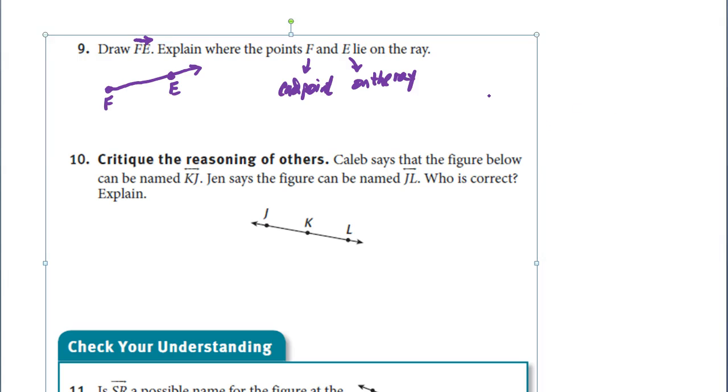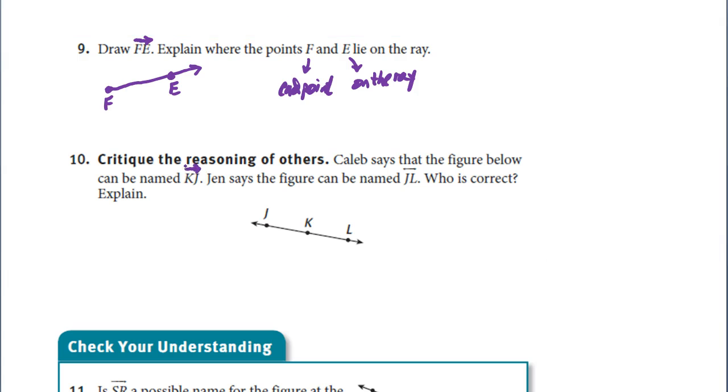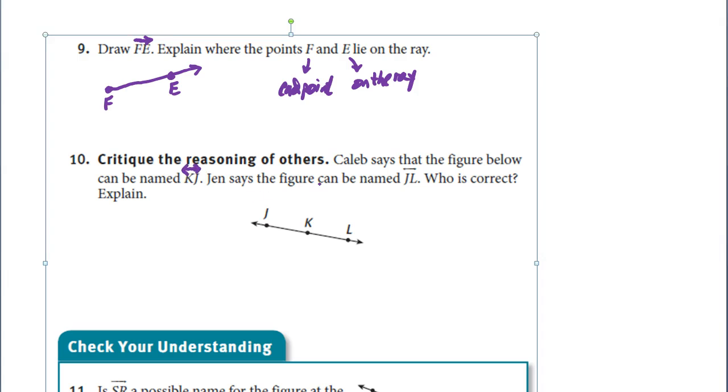Number 10, critique the reasoning of others. Caleb says that the figure below can be named line KJ. This is hard to read. Let me trace that over. It's the line symbol. Jen says that the figure can be named line JL. Who is correct? Explain. So, Caleb, can you call this line KJ, using 2 points on it and then putting the line symbol above?